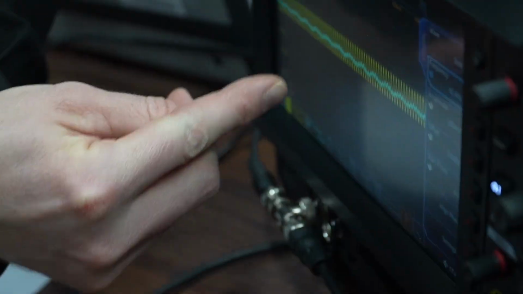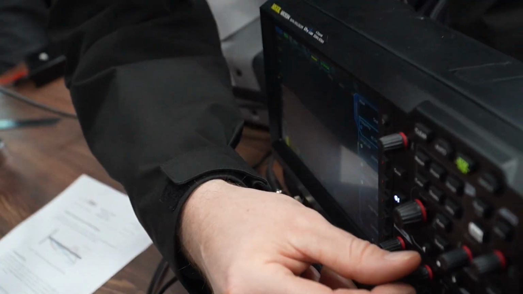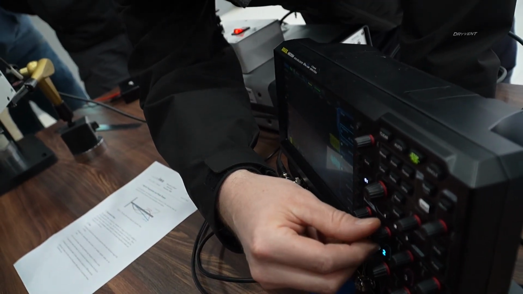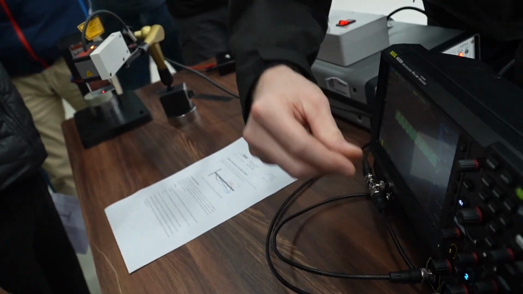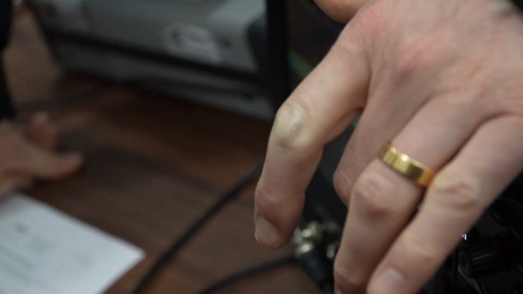Did you see what happened with the frequency? You see that this is still not good, right?